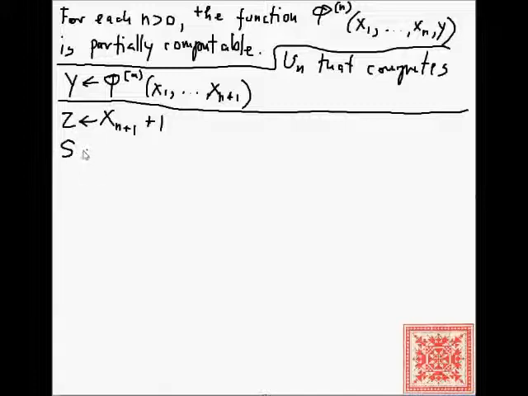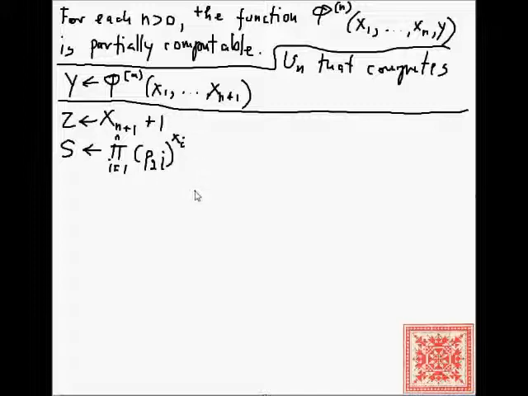So let's review what we have built so far. We have extracted the source code. Z is the source code, and it is obtained by adding 1 to the value of xn plus 1. S is a Gödel number that encodes the state of the program.